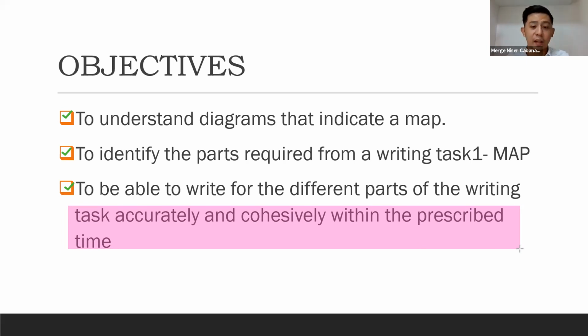So many of you still don't understand what a writing subtest in the IELTS is. And to be honest, I'm not going to sugarcoat anything. I want to be very brief and concise when it comes to understanding the writing subtest. Writing is the most difficult task in the IELTS, and perhaps one of the few reasons why many people are discouraged in taking this exam, and they are much more encouraged in taking other English tests.